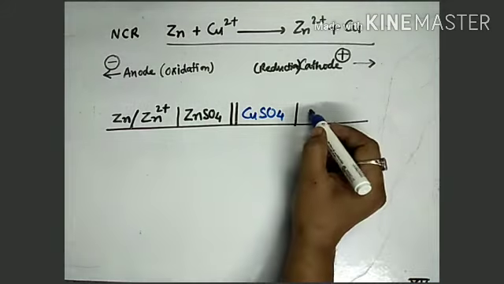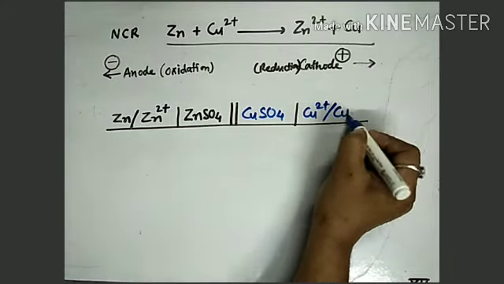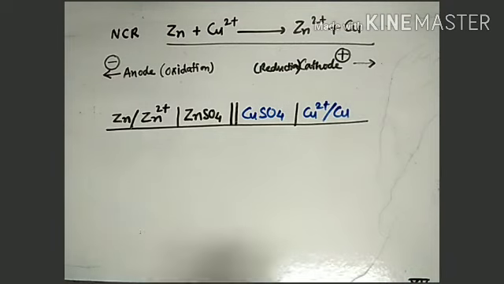So you can write Cu2 plus to Cu. Alright, so this is the actual representation of the Daniell cell. Any kind of cell you can easily write in this short manner.